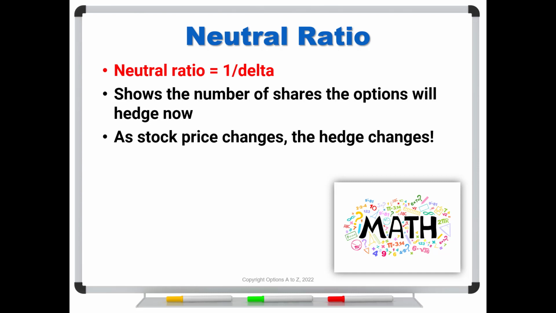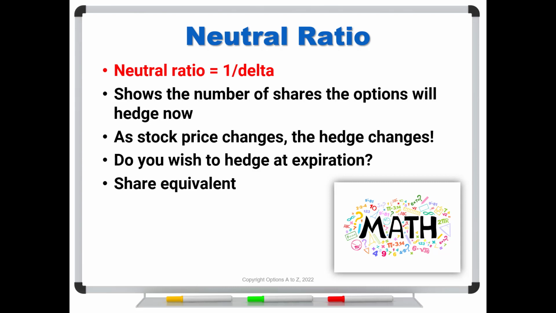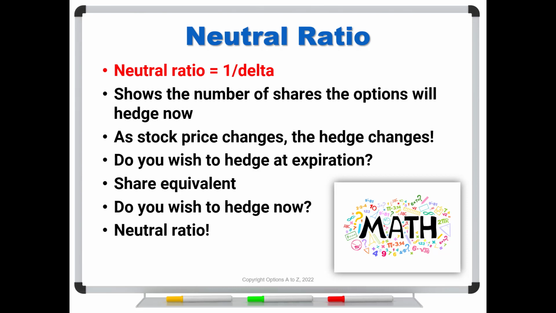So really the question that you have to come up with is, do you wish to hedge at expiration? That's an easy one. You just use the share equivalent. So again, that just means if you have 300 shares, buy 3 puts. You've got 700 shares, buy 7 puts. And you'll be hedged at expiration. However, if you wish to hedge right now, that's where you need to understand the neutral ratio.